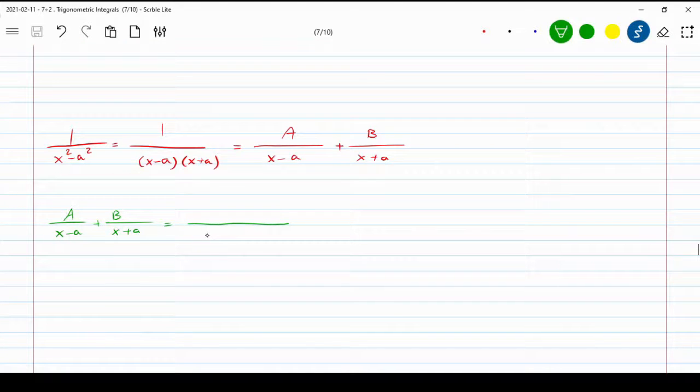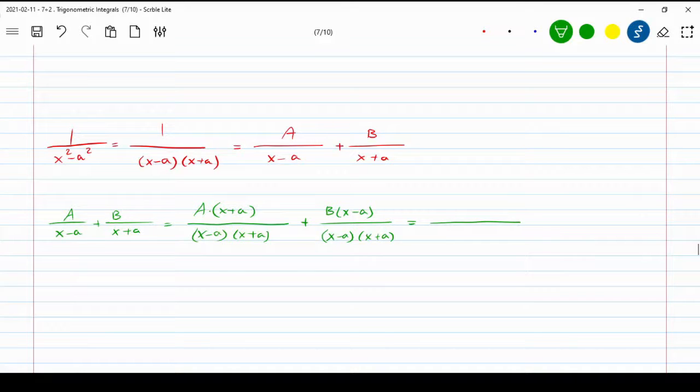The first one requires you to multiply by x plus a, so A times x plus a, and the second one, the denominator is x minus a, x plus a. To make a common denominator, plus B times x minus a, multiplying the second one by x minus a in both numerator and denominator.